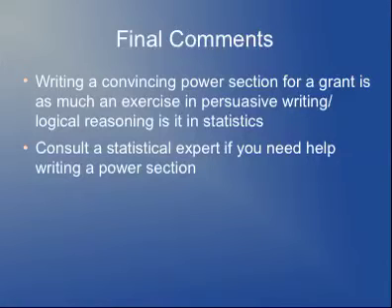It's just a matter of selling it to a funding agency as much as it is plugging in numbers. If you need help with this, consult a statistical expert. We are extremely used to this. Being asked to write power sections for grants is probably the single thing that we get asked to do more often than anything else.